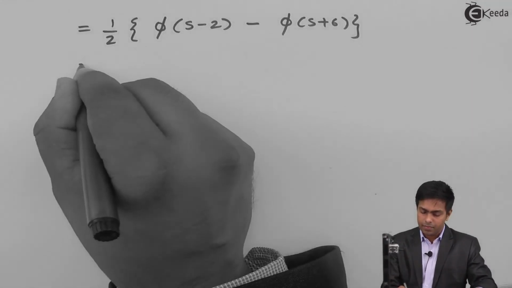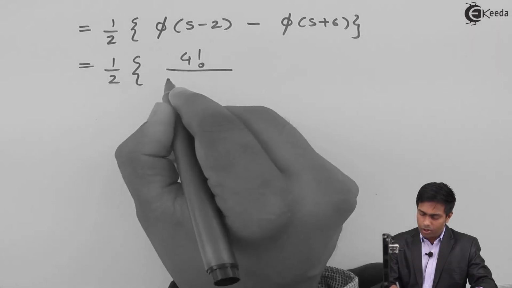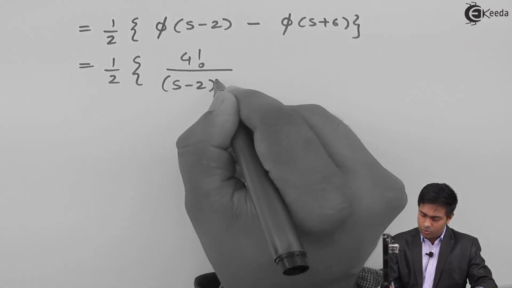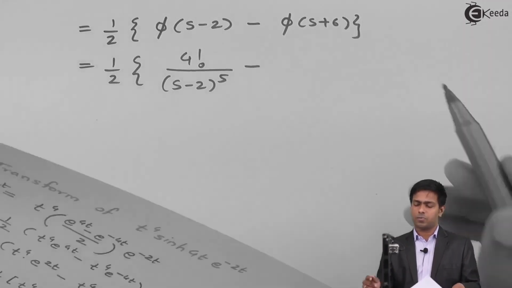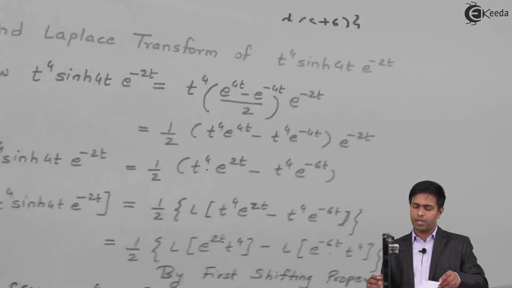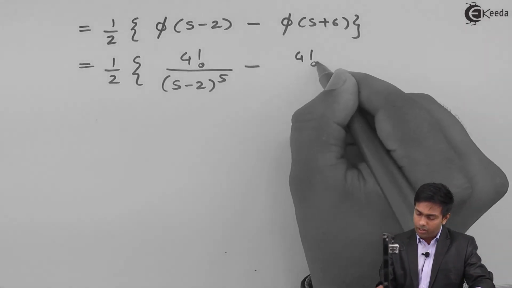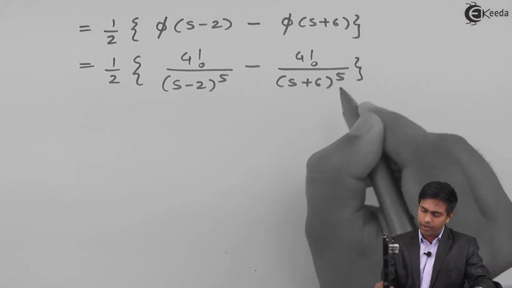So here I'll say 1 by 2 in bracket 4 factorial upon s minus 2 raised to 5, minus, to get phi of s plus 6, I'll put s as s plus 6 in phi of s. So this will become 4 factorial upon s plus 6 raised to 5.